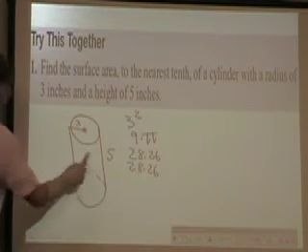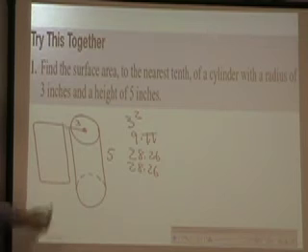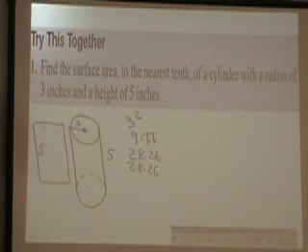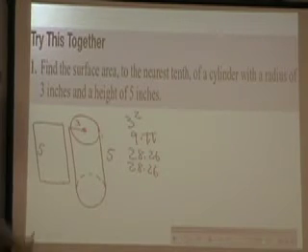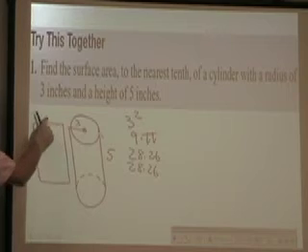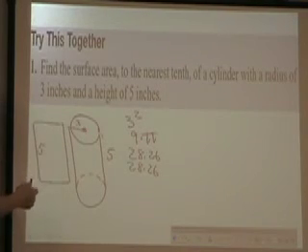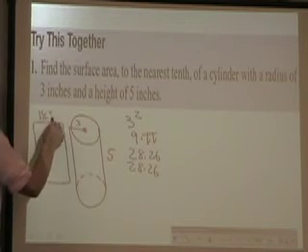Now we have to unroll this to look like a rectangle. And we know the height of it is 5, but we don't know the length here. What's the diameter of this? 6. And the width here is pi times the diameter. 6 times pi is what? 18.84.